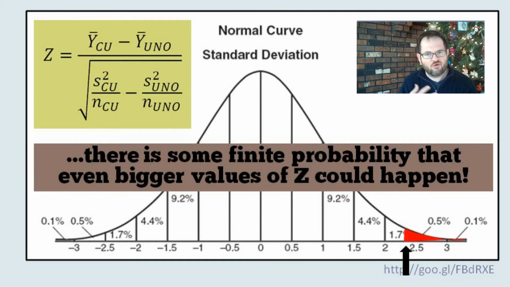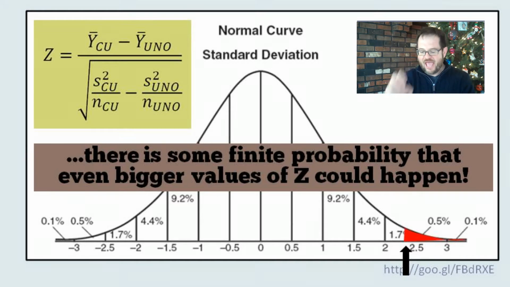But now I have a way to quantify that. I know what the probability is that I got a sample this weird. It's the integral under this bell curve, from where I am at z out to the end of the curve, out to the tails. Now there's a technique.